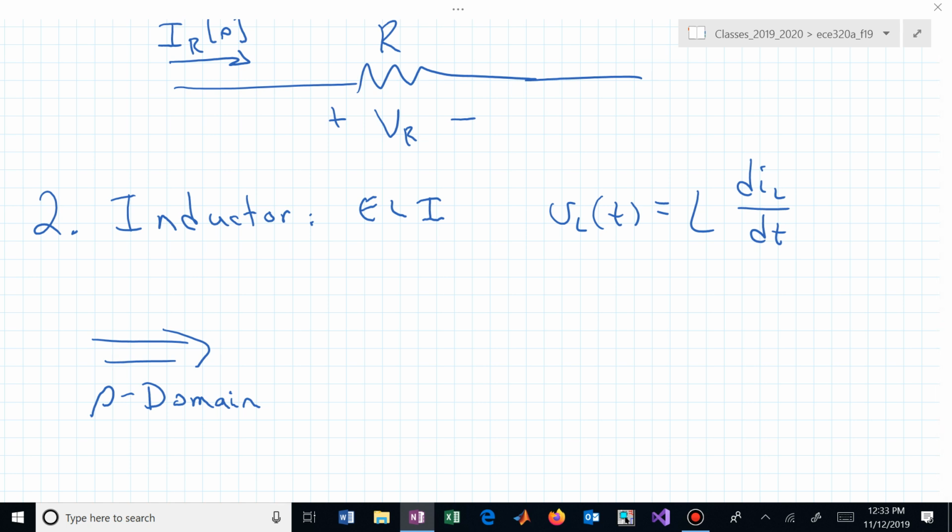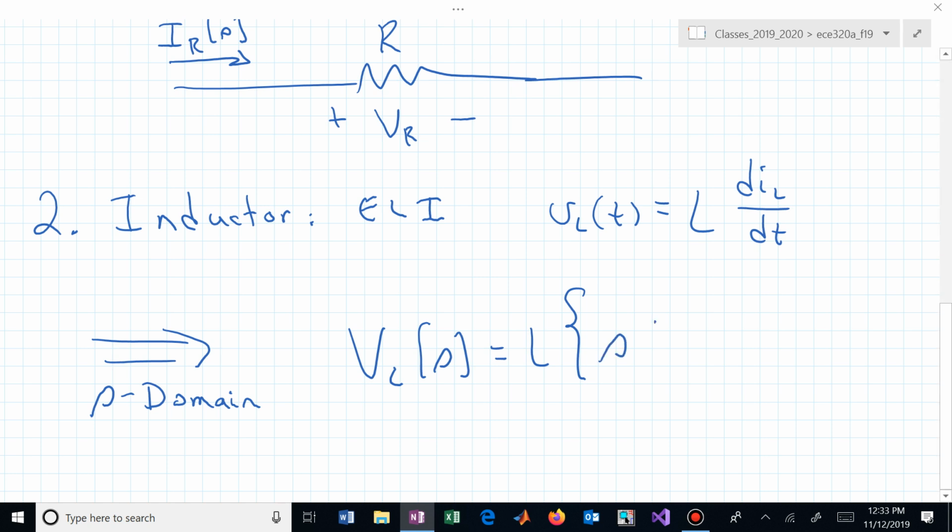Now if we Laplace transform both sides of that equation, and this is one of the reasons why we derived the relationship for the Laplace transform of a derivative last time, we can now use that.